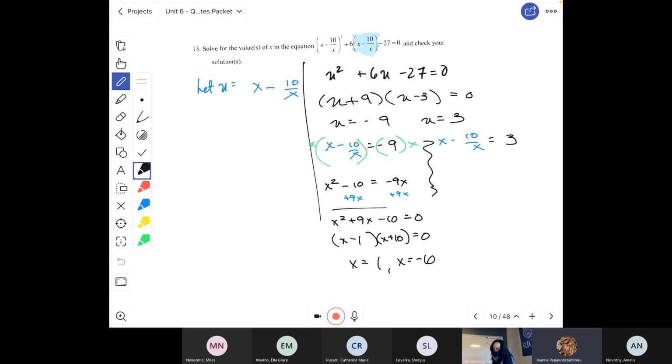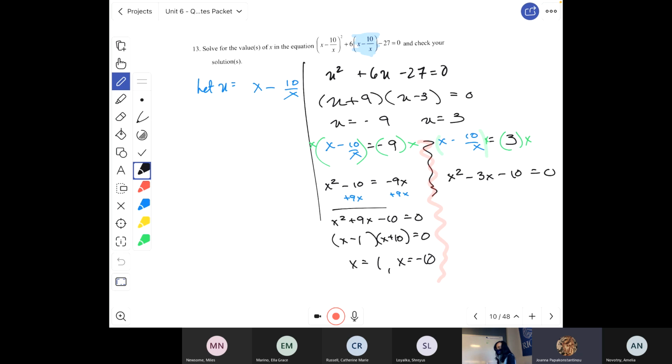But I have to come back over here and do the same thing with this one. Multiply the left-hand side by x and the right-hand side by x. So what is going to be the quadratic equation here? Minus 3x minus 10.